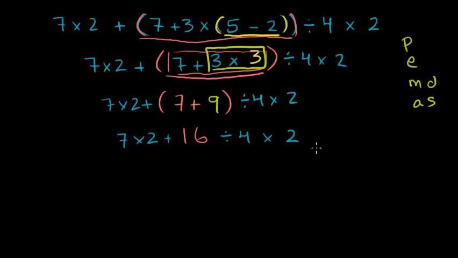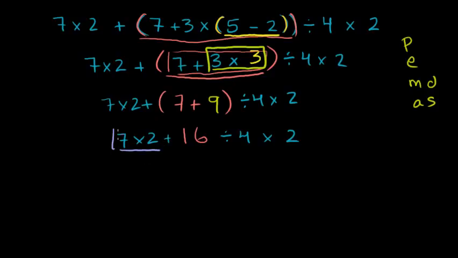Now, we don't have any parentheses left, so we don't have to worry about the P in PEMDAS. We have no E, no exponents in this. So then we go straight to multiplication and division. We have some multiplication going on there. We have some division going on here, and a multiplication there. So we should do these next before we do this addition right there.